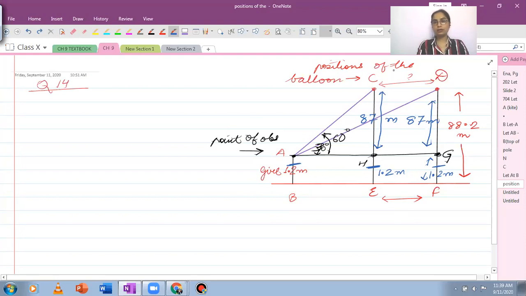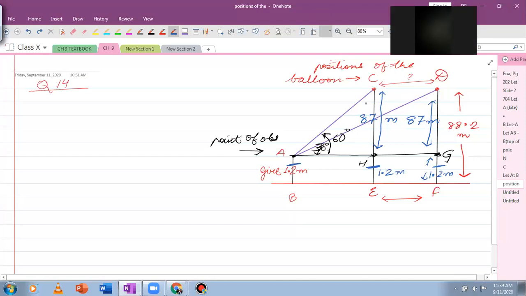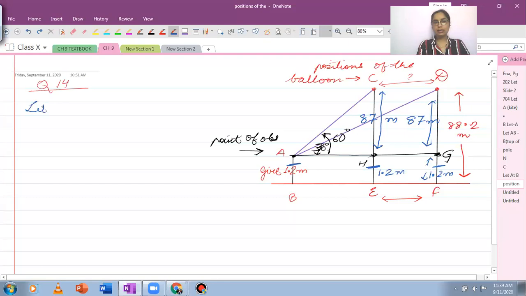You can show it the way I have done. I have labeled everything in the diagram, or you can write down here that let positions of the balloons be C and D. AB represents the girl, and the rest everything has been marked on the figure. Then you can start with the two right triangles that you have.